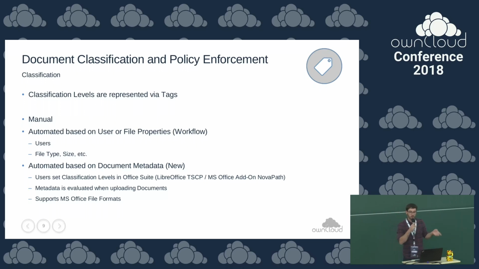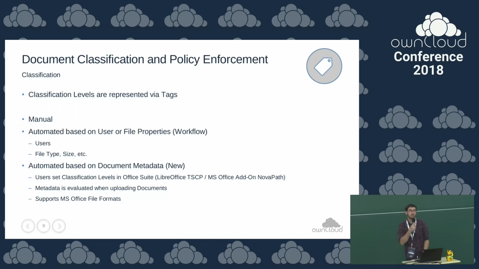So there are possibilities in LibreOffice. It comes with LibreOffice, it's integrated. It's the TSCP feature where you can, in the Office suite, set certain classification levels and then save that, and that will be contained within the document.